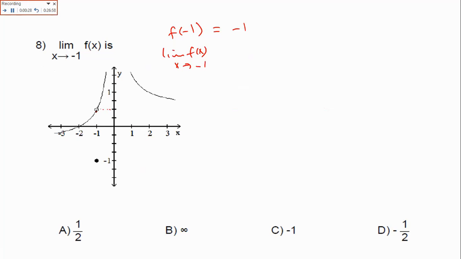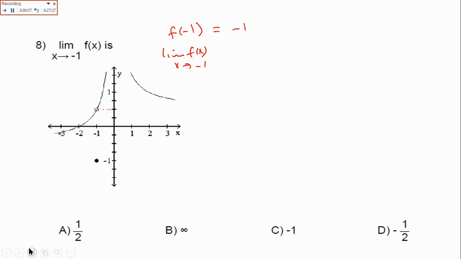Limit, you look at this, you don't look at this value, because limit means you are approaching either from the right or from the left. You cannot approach this one from anywhere because this is a single point. You cannot approach it from the right or from the left because it is totally isolated, in a different area. So the answer is just half.